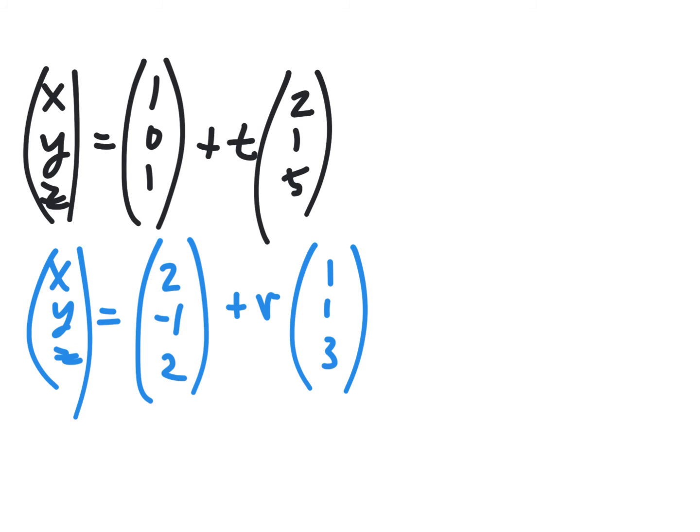There we go. Now you've got two vectors if you know where to look. The question is, would these vectors ever end up crossing paths?